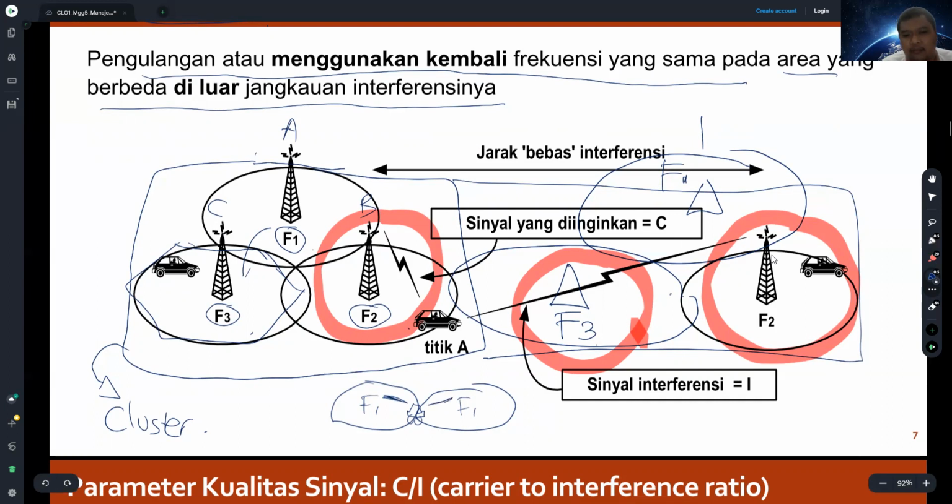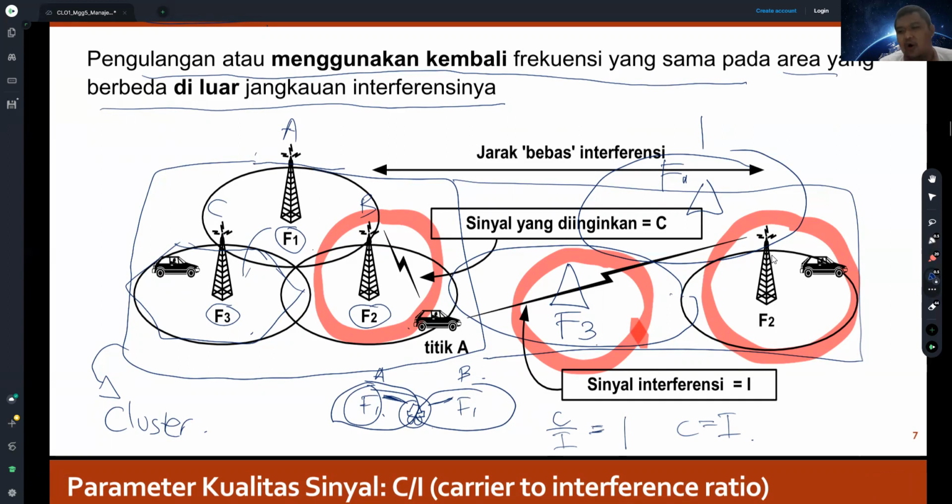For example, if this is cell A and this is cell B, and the user is communicating with cell A, since the distance from cell A tower to the user and from cell B tower to the user is the same, the carrier power will be comparable to the interference power, which means the value of C to I will be equal to 1. That will be very problematic.